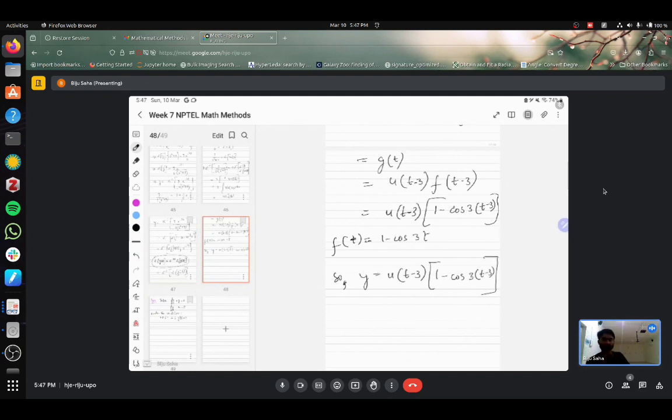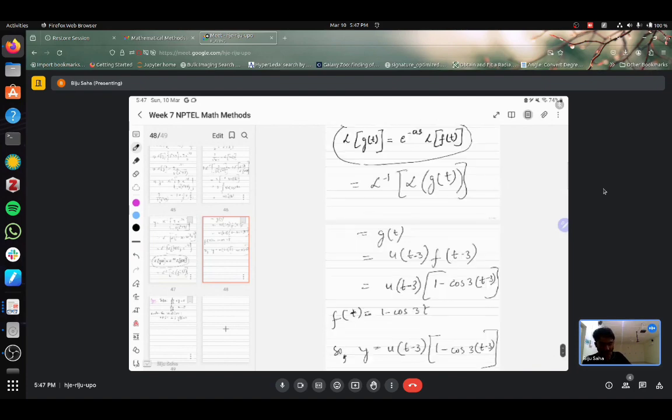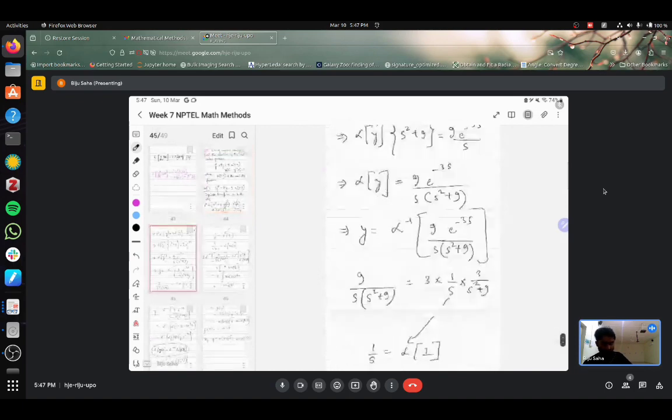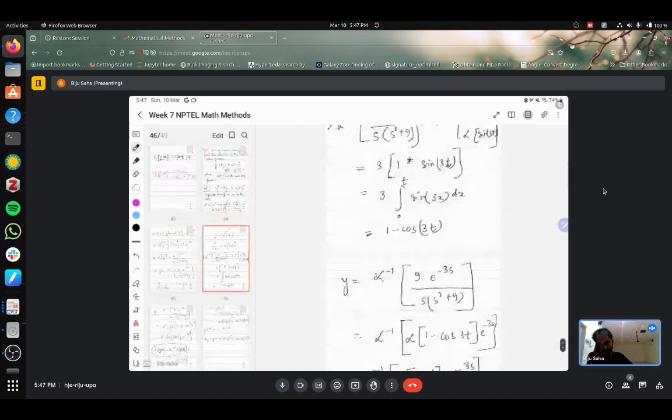So this is how you solve the differential equation and got the solution. I hope this was clear. This was a bit lengthy and quite complicated also. I hope you could follow this. If you have any doubt right now, you can just unmute and ask me which part you did not understand.